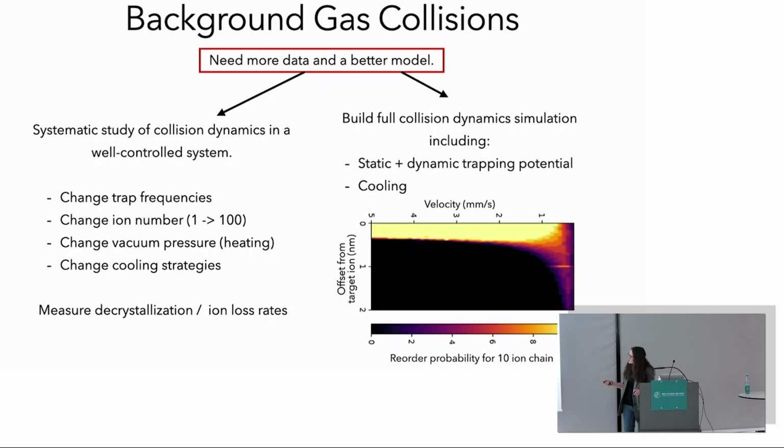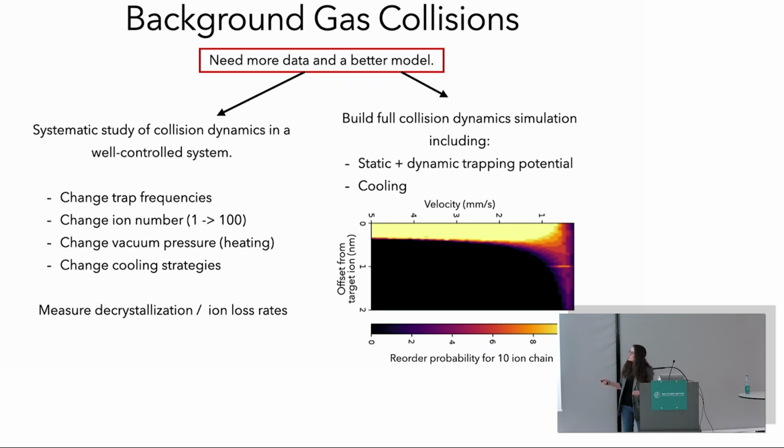And this is a simulation run on our GPU where we have a 10 ion chain, and we're changing how close we are sending a hydrogen atom into one of our ions. And this is the speed of that atom. And the color tells us the probability for the ion chain to reorder or for us to lose an ion.